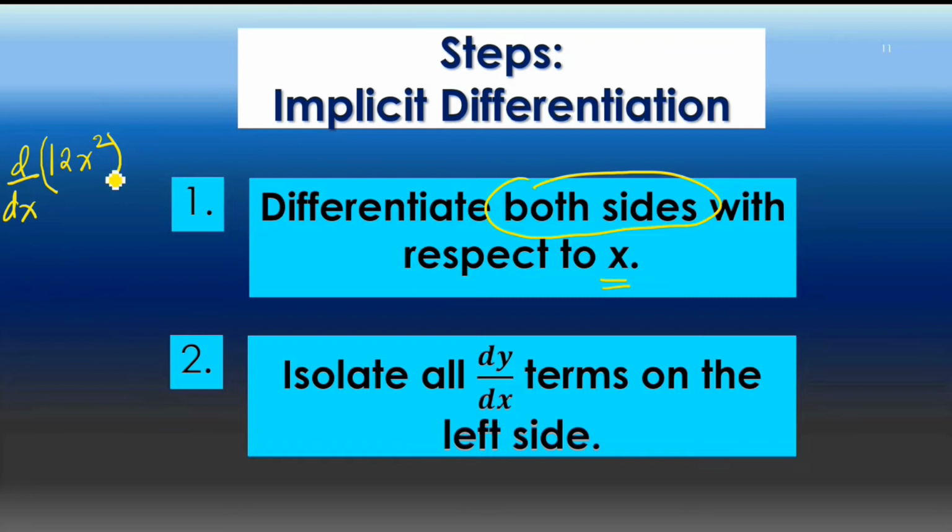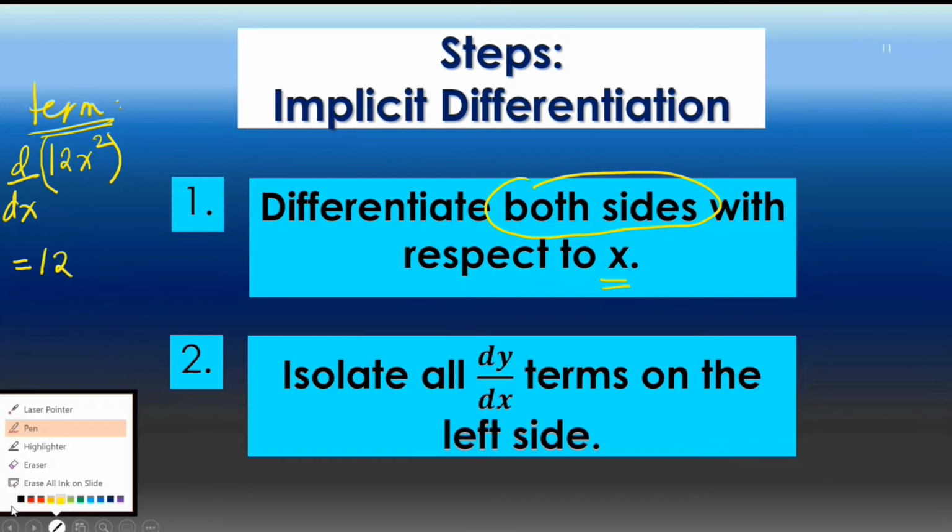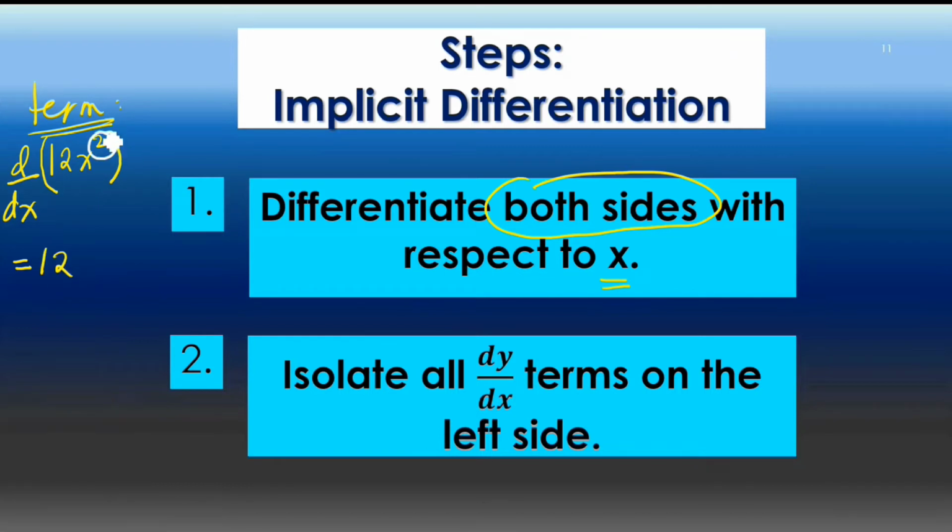If we have a term like this, you apply the power rule here, isn't it? So we have 12, then we have the power of 2, so let us write here the 2. We multiply it, copy the base, that is x, and then the power 2, and then deduct 1.